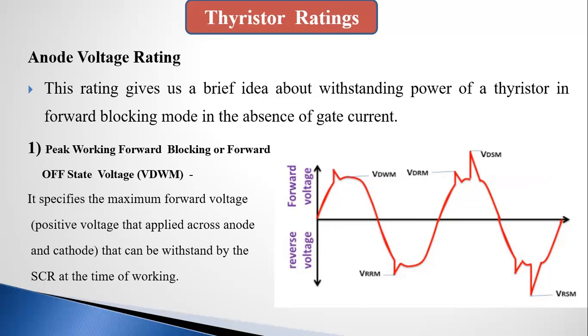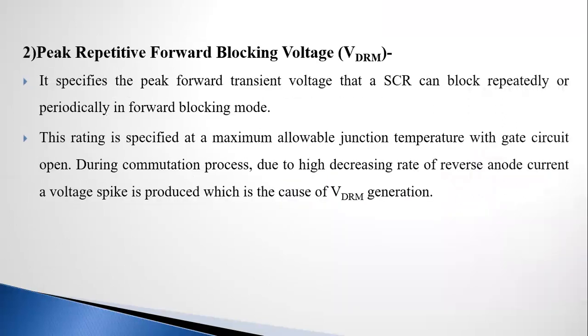In that figure, in that graph, you can see the different types of ratings like VDWM, VDRM, VDSM, VRRM, and VRSM. These are the different types of anode voltage rating. The second one is the peak repetitive forward blocking voltage, identified by VDRM.